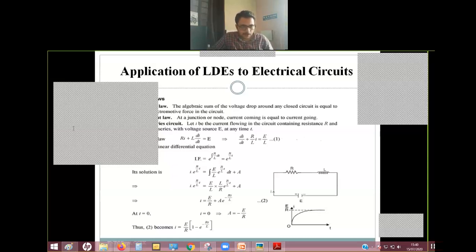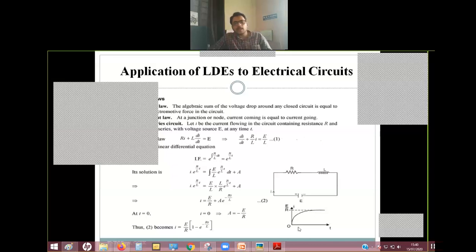Yes Abhishek, correct. Nepali, correct. Yes, correct answer. So it will always be decreasing. But since it is 1 minus, we will have an exponentially increasing graph, since that term is not alone; e raised to minus Rt by L has 1 minus with it.